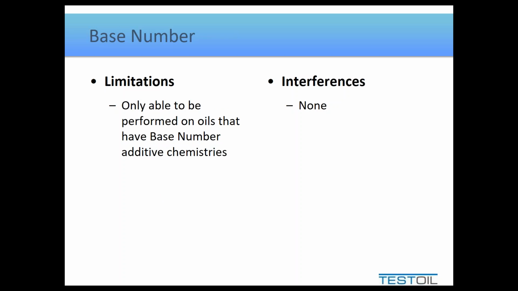Basically, I try and look at acid number and base number like this. I consider that acid number is a measure of the damage done, base number is a measure of the ability to fight. So I picture these as two different armies of 100 people. And if you were to ask yourself, how can you figure out which side is winning the war? You could do this one of two ways.